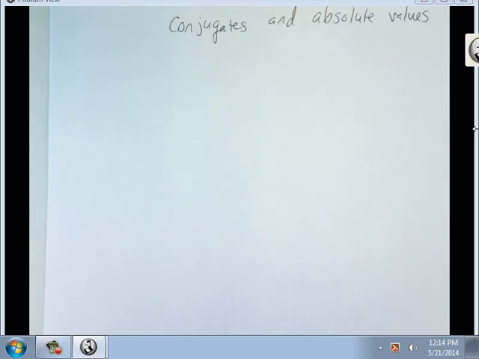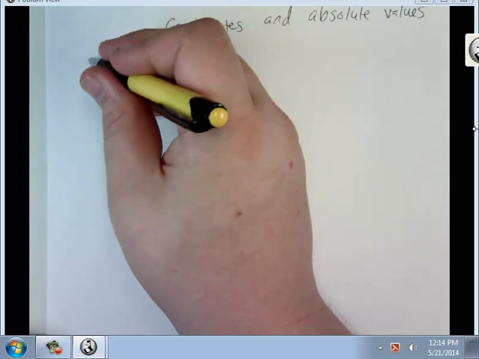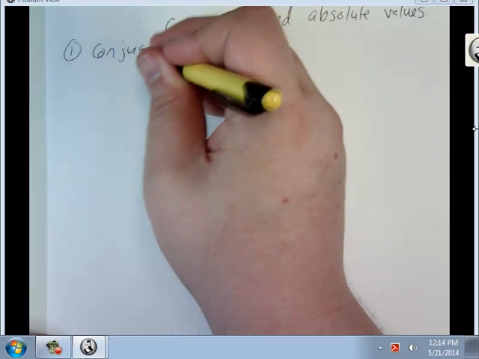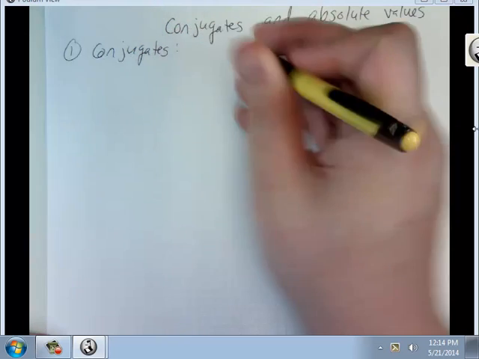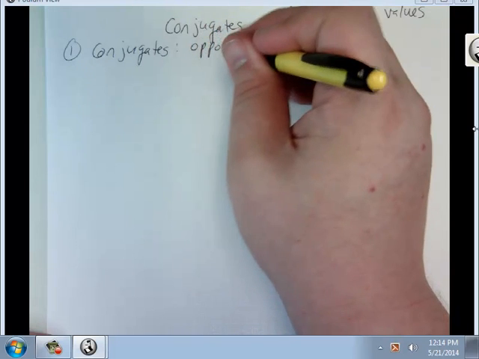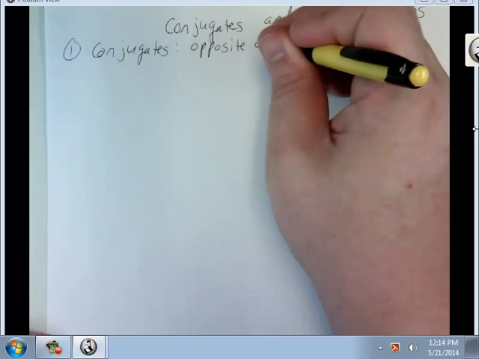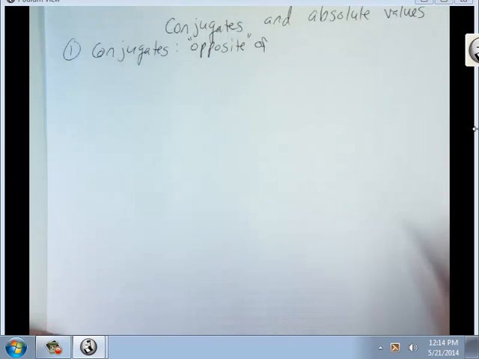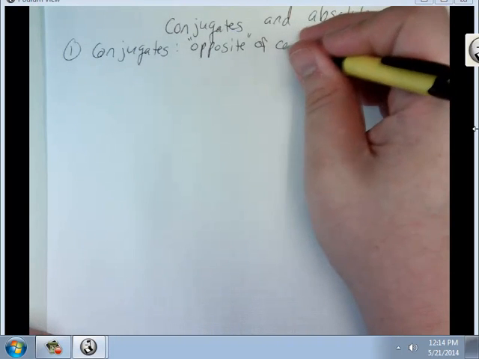Alright, let's start with conjugates. Conjugates usually mean the opposites. I'm going to put opposite in quotation marks of complex number.